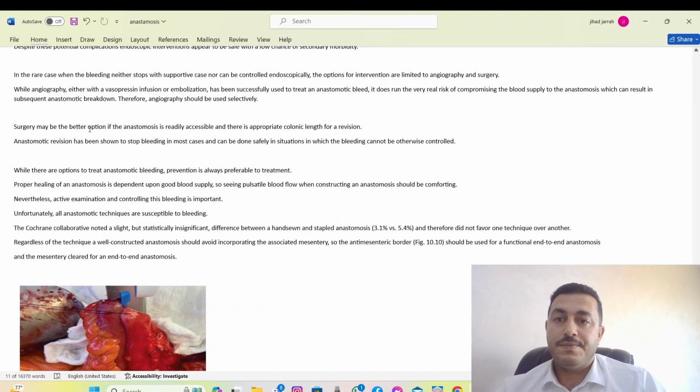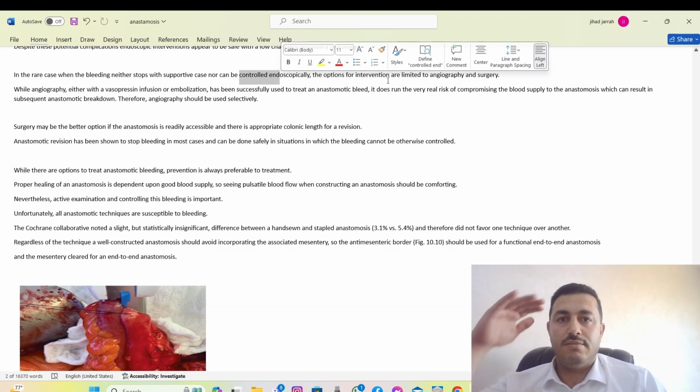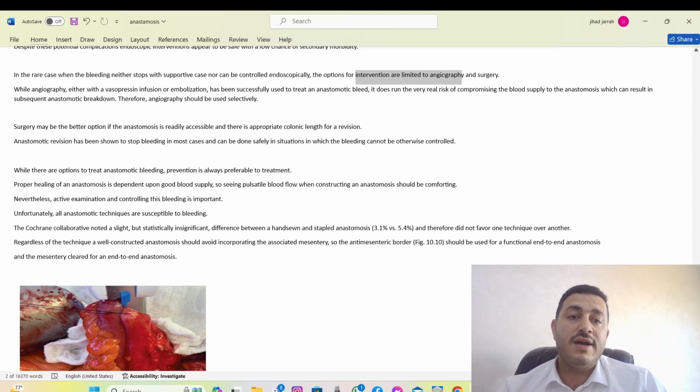What else? If the bleeding does not stop with supportive measures, or is not controlled endoscopically, as a third line after medical treatment, resuscitation and endoscopy, we proceed to limited angiography or surgery.